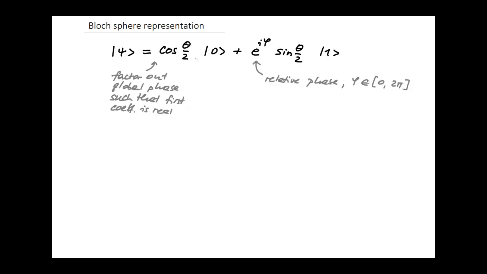And since we have a 1/2 in the argument, the theta must be in the range between 0 and pi. In this way, we can cover the whole range between 0 and 1 for the coefficients. So we have a representation of a pure state of a two-level system in terms of two angles, and this provides a way to represent that graphically.